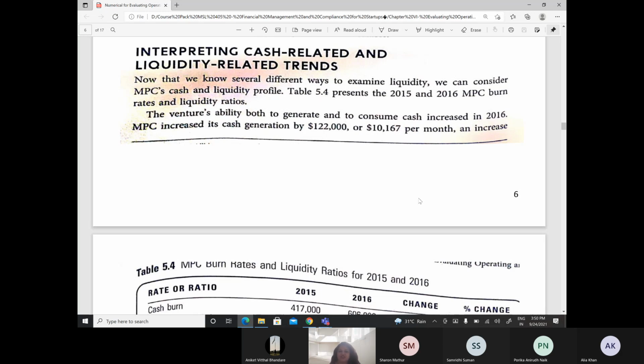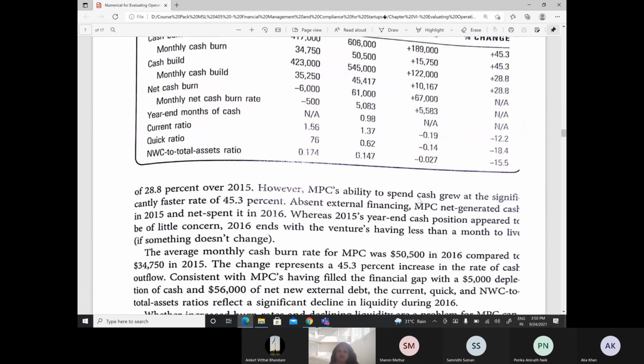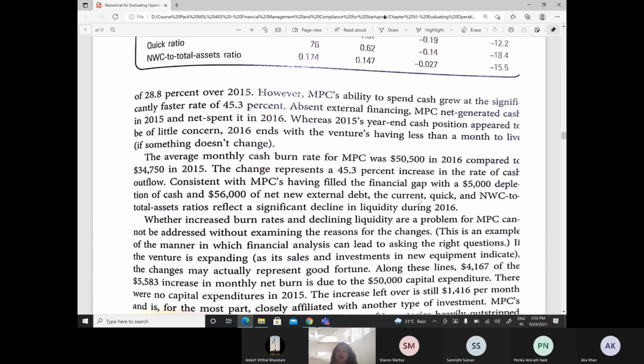MPC increased its cash generation by $122,000 or $10,167 per month, an increase of 28.8% over 2015. However, MPC's ability to spend cash grew at the significantly faster rate of 45.3%.